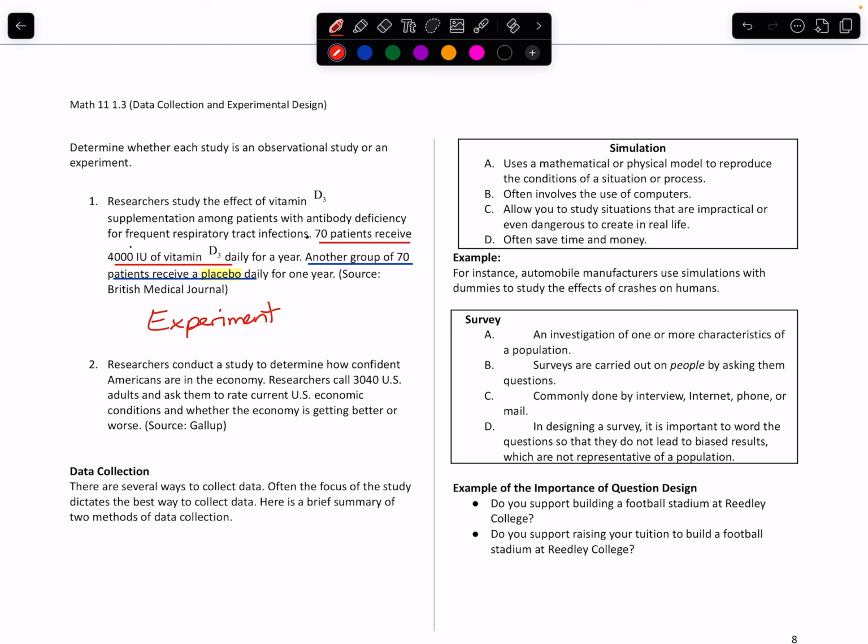In this case, no, right? All they did was call and ask them to rate, right? They did not have them do anything. They just said, hey, what are your opinions? What are your thoughts? Therefore, this is observational. Okay, I am just simply observing what people already do and think.